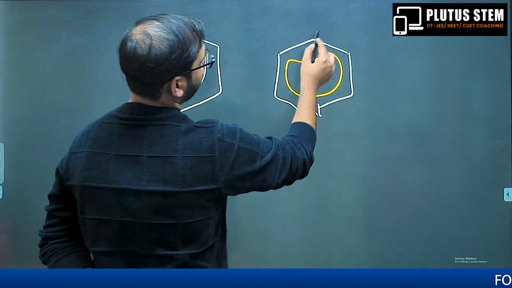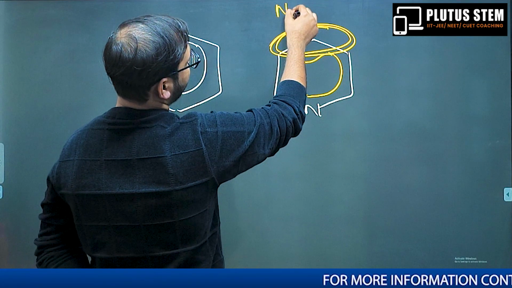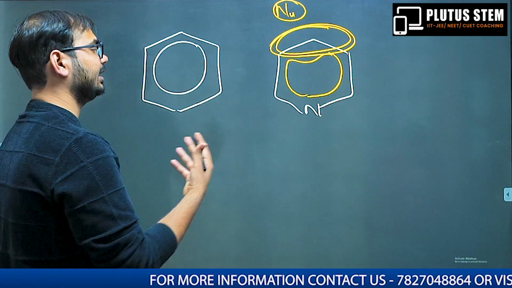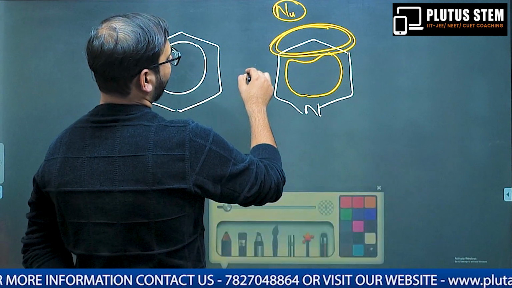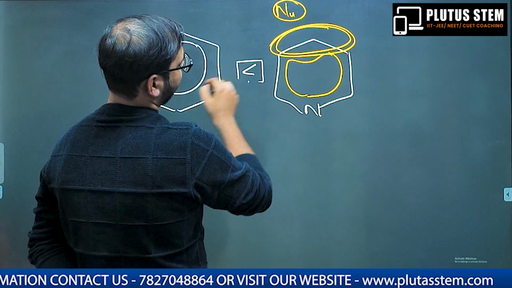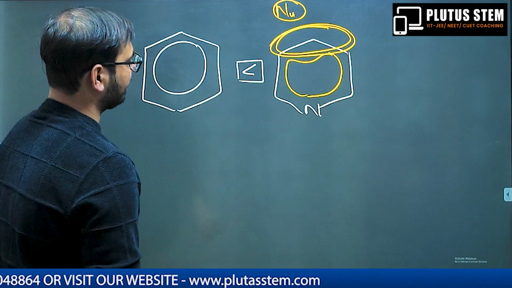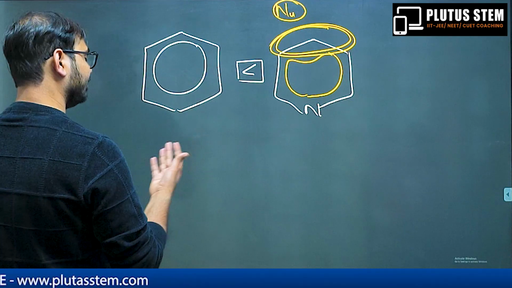So there is a vacant space, a lower negative charge density, which any nucleophile can easily attack. So, compared to benzene, all heteroaromatic compounds easily undergo nucleophilic substitution.